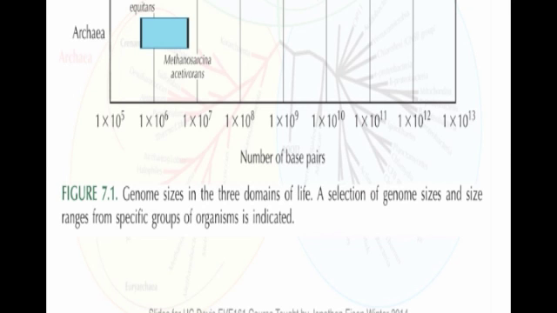So there's a bit more variation in genome size than maybe is shown here, but there are no bacteria with massively large genomes like you see in eukaryotes, and there are no Archaea with massively large genomes like you see in eukaryotes.